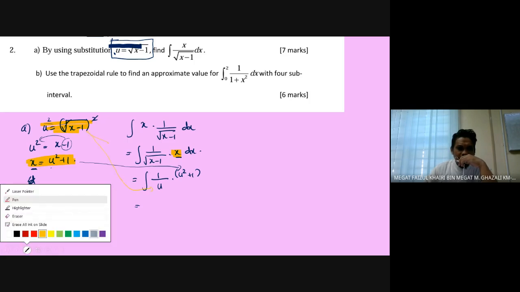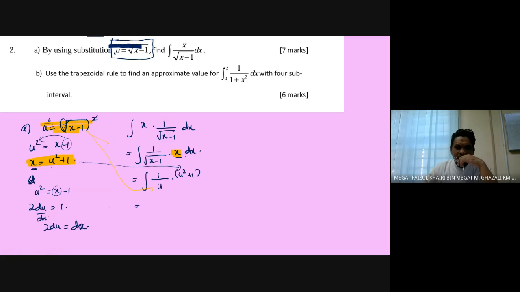So next is, dx equals 2 du. Okay, so now integral of 2 times u squared, 2u squared divided by u plus 2 times 1 equals 2, 2 over u du. So cut this one of the u here.